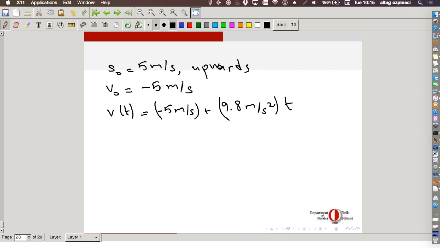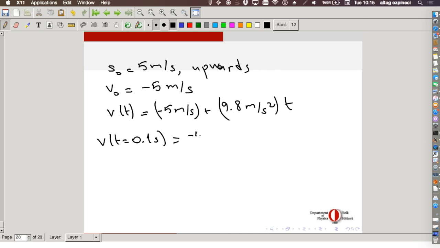So if you want to find the velocity at, let's say, time t equal to 0.1 seconds, you just stick 0.1 seconds over here and obtain the value.